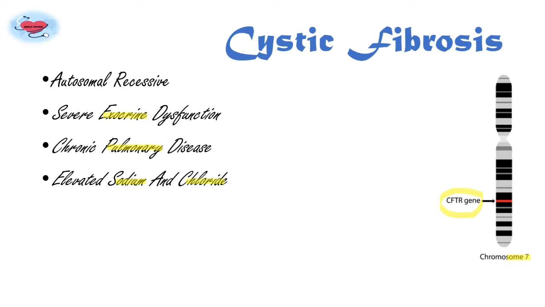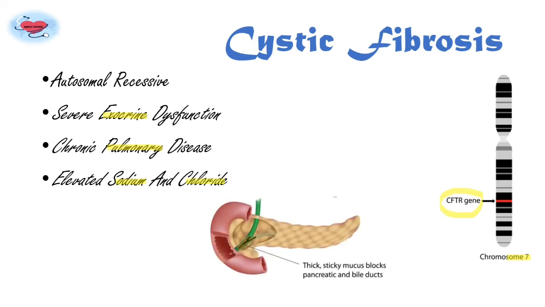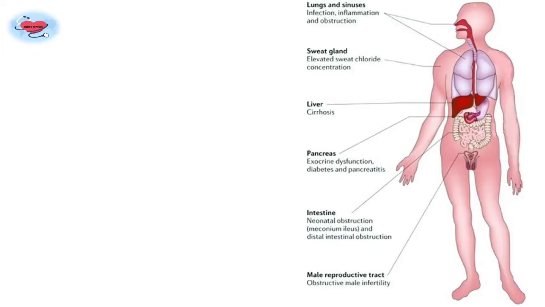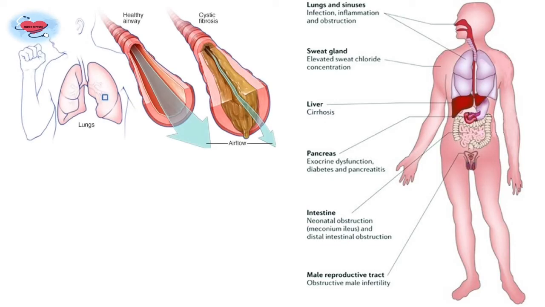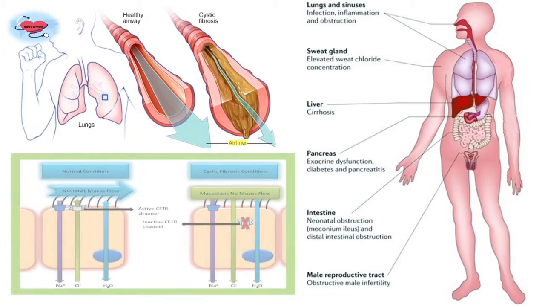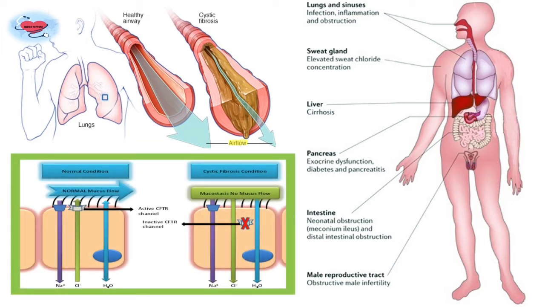So these are the clinical manifestations. Mainly it affects our airway and produces excess mucus, which leads to obstructive manifestations like cough and dyspnea. Next, it affects sweat glands also.